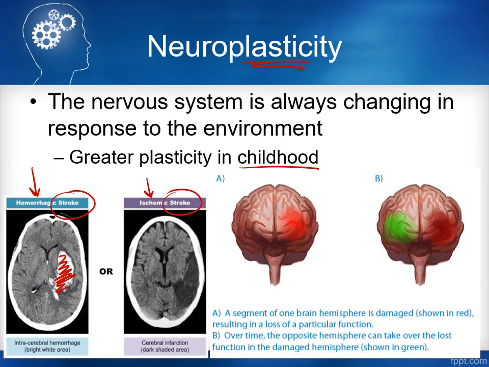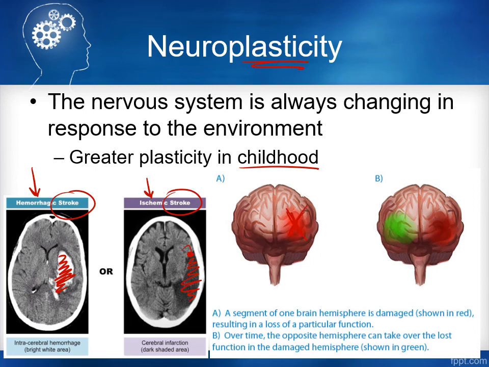And then ischemic stroke, there was some kind of blockage in the blood vessels. And so the blood couldn't get to where it needed to go, and all of this brain tissue is now dead because it's not being fed by blood.